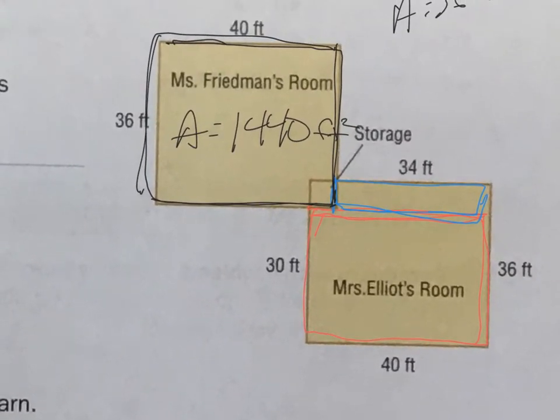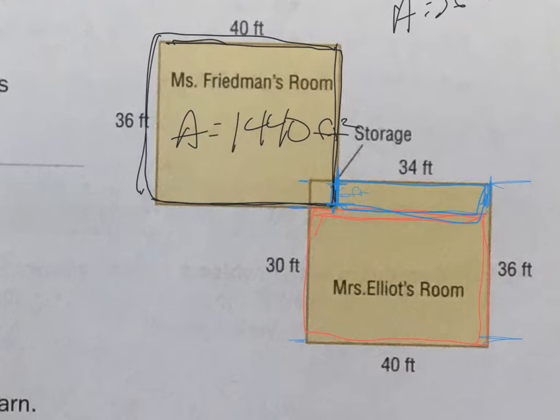Okay, now let's see if we can figure out just this little section here. This looks like it's 34 feet. And then I just need to figure out what this is from here to here. Well, if this is 36 and this is 30, then this must be 6 feet.